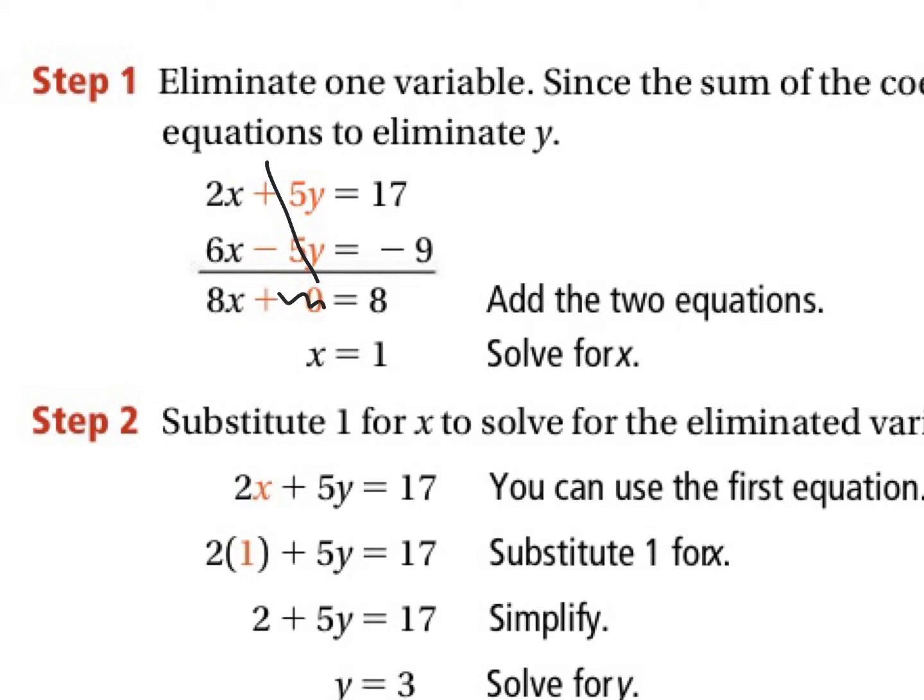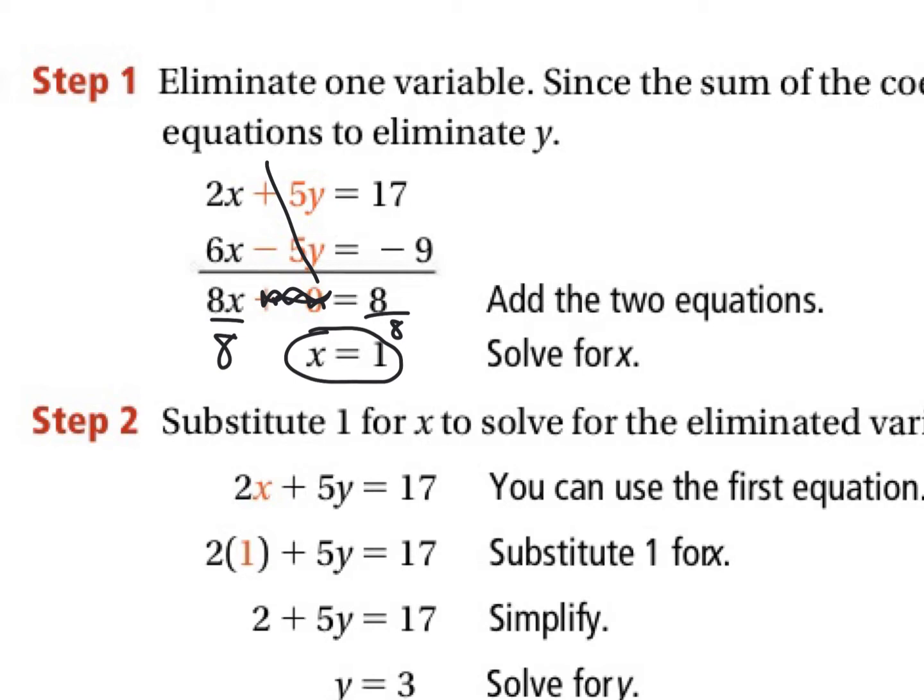They put plus 0 here, you wouldn't really have to do that. And then if you divide by 8, you get x equals 1. So that's going to be the x value of where these lines would intersect if we graphed these lines. Then we put a 1 in place of x, and you can put that into either equation.